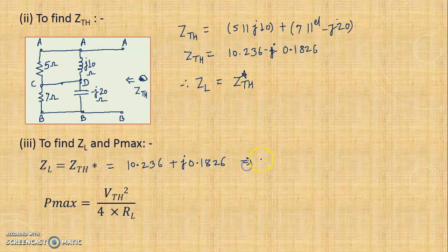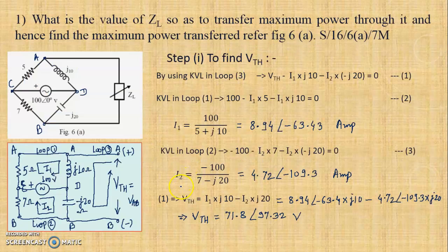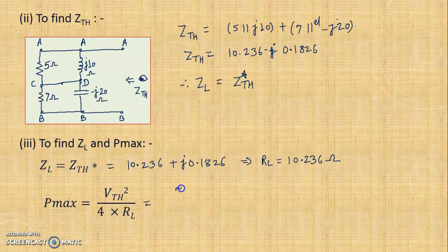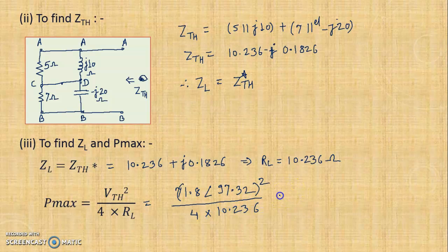Then put the load resistance, whose value is 2.36, into the Pmax formula, where VTH is 71.8 angle 97.32, whole square, divided by 4 into 2.36. This gives me the value of 125.63 watts.